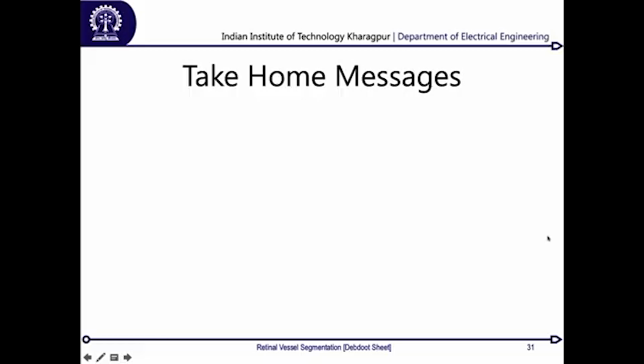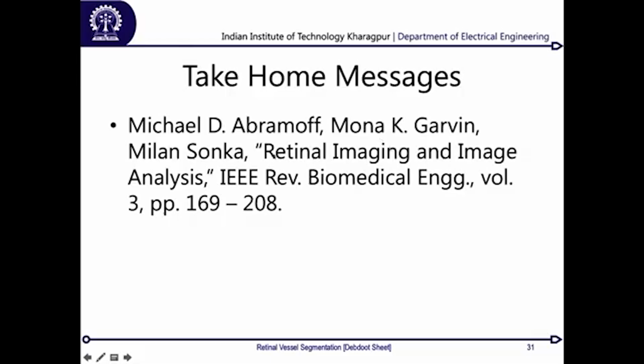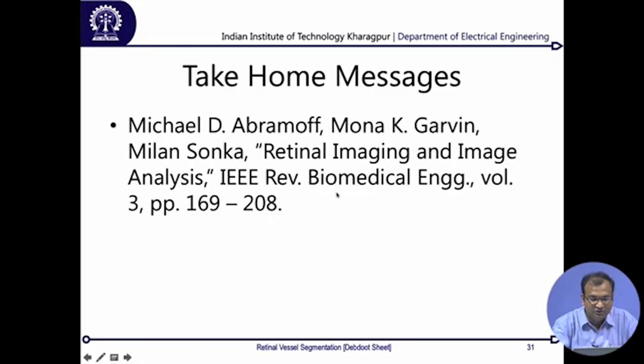So with that, we come to an end of this practical application area discussion, and one pointer which I would give to you is to look into this particular paper on retinal imaging and image analysis, which appeared in IEEE Reviews in Biomedical Engineering, around the year 2010 if I remember. Just have a careful look into this paper.